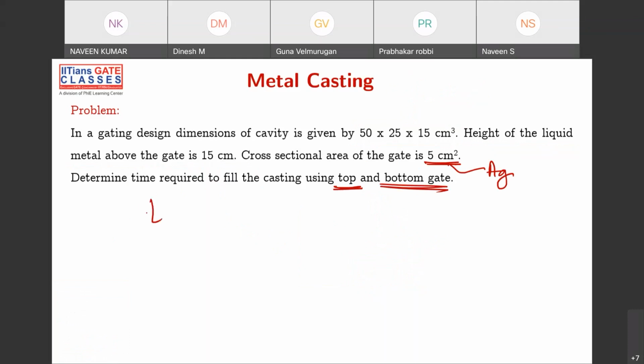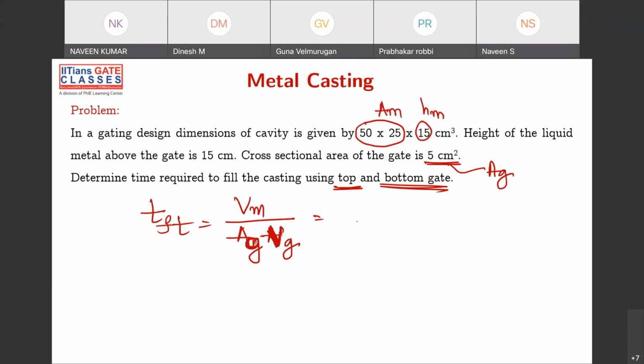TFT is equal to volume of mold divided by area of gate into velocity at the gate. What is the volume of the mold? This is AM, and this is HM. So the total volume is AM into HM, that is 50 into 25 into 25. Let it be in centimeters itself.